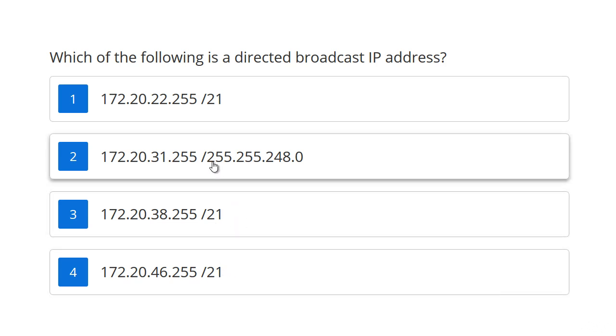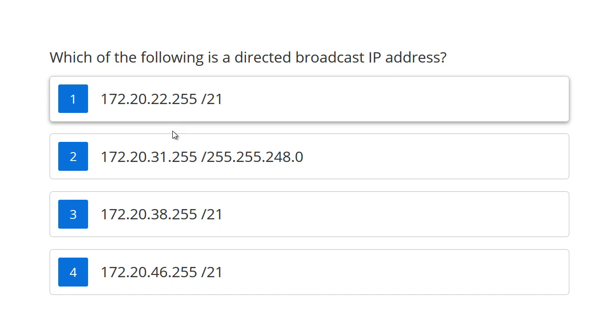This one is using a subnet mask of 255.255.248. I have a suspicion that this might actually be the subnet mask equivalent of /21. We'll have to investigate that. In any event, there are 2 ways we can solve this question.